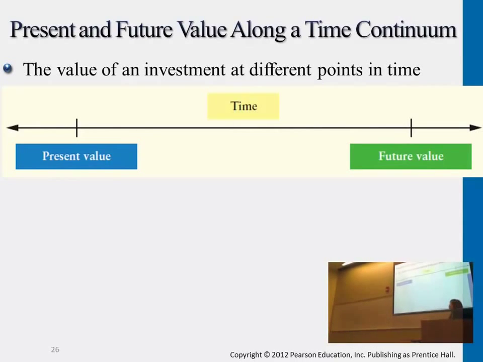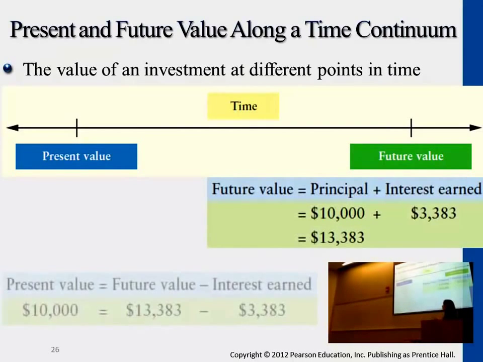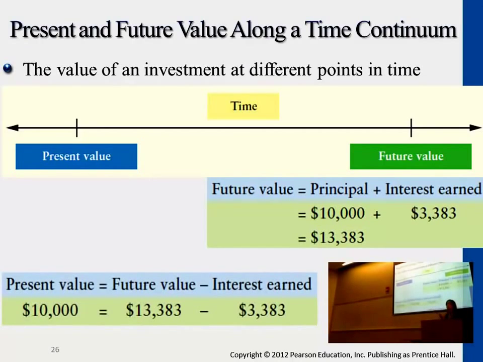Okay, so generally speaking, present value and future value, the difference is the interest that you're getting in the middle. So the example we went over, let's assume that you have a principal amount right now. You want to invest, for example, you open up a certificate of deposit, you deposit $10,000 now.